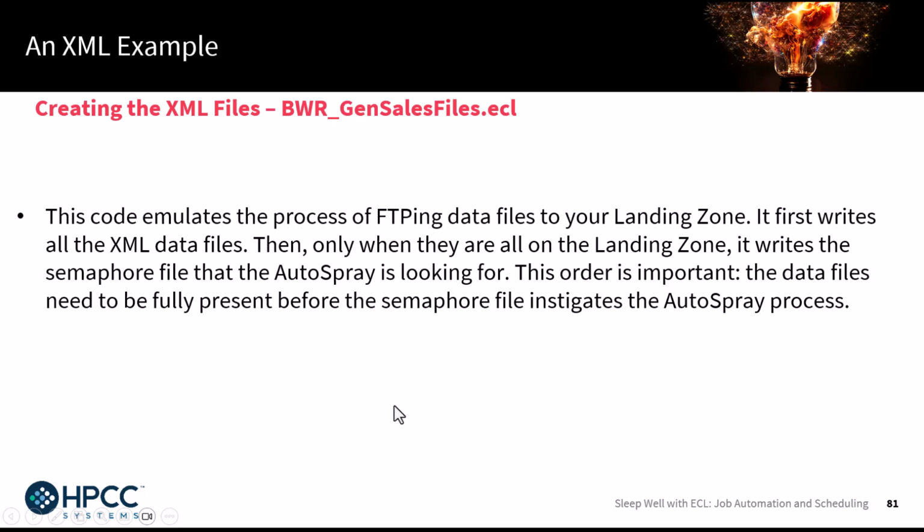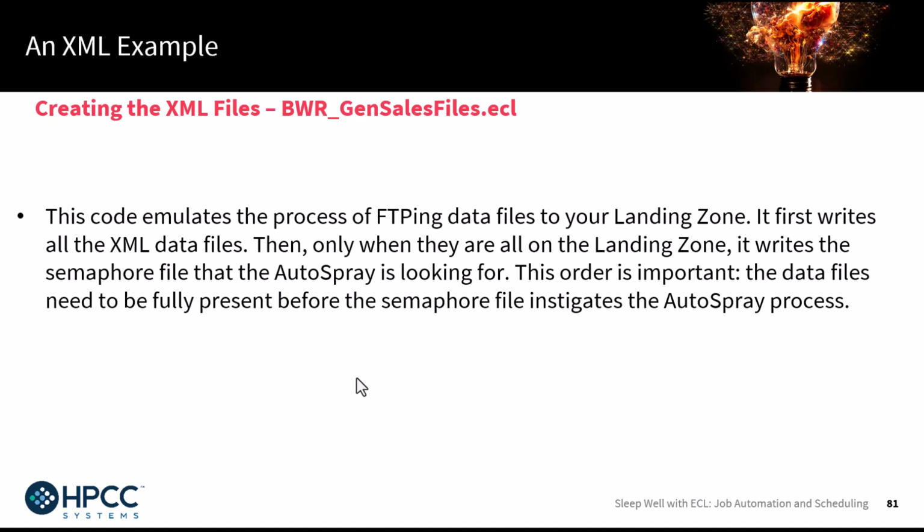All right, so the last file we're looking at here, BWR Gen Sales Files, was the first one I ran when we started this block of information, the XML demo. And so we had the spray file and process file already in the scheduling queue waiting for events. We generated the sales files, which actually generated it to our landing zone and created the semaphore file at the same time using the ordered sequential actions.